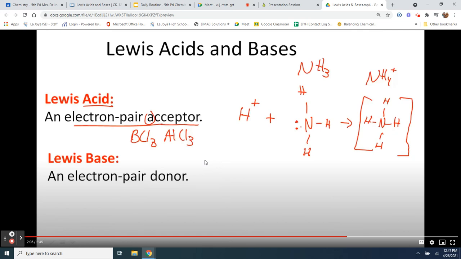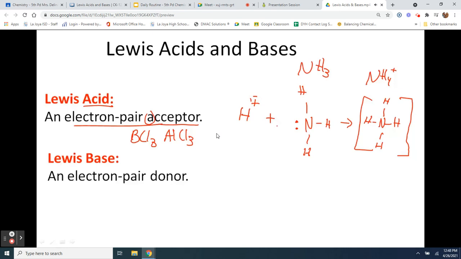NH3 has 1 pair of electrons that it can easily donate to somebody else, making it the Lewis base. This is the electron pair that it's sharing with this H plus, and that's why it is considered the Lewis base.